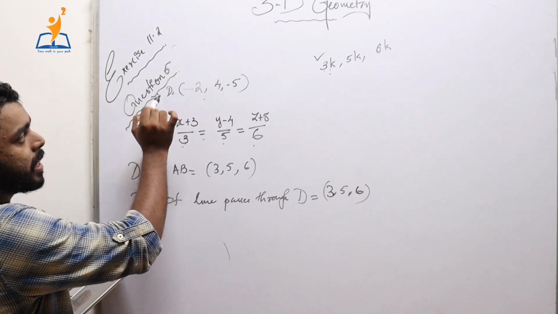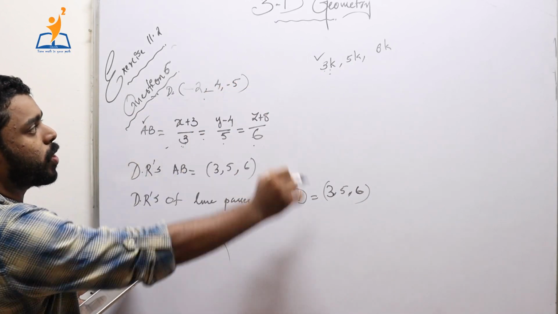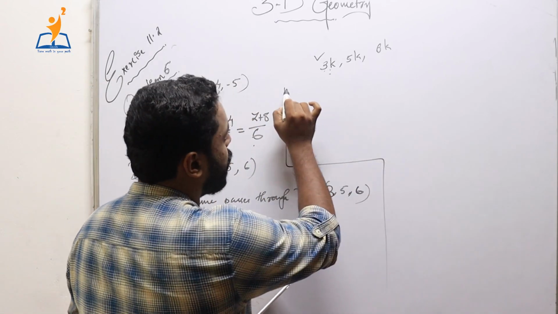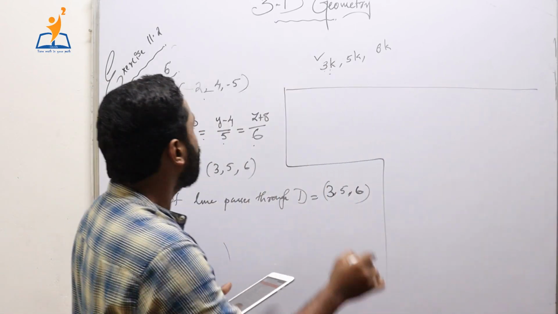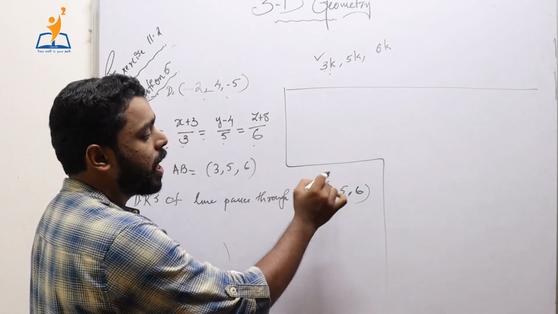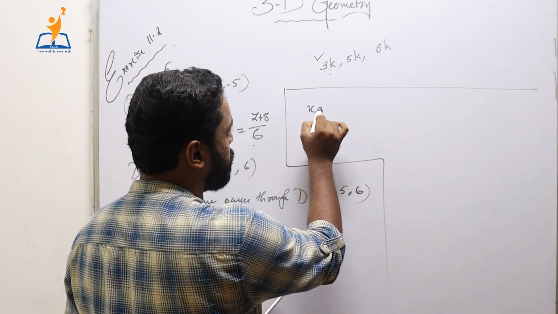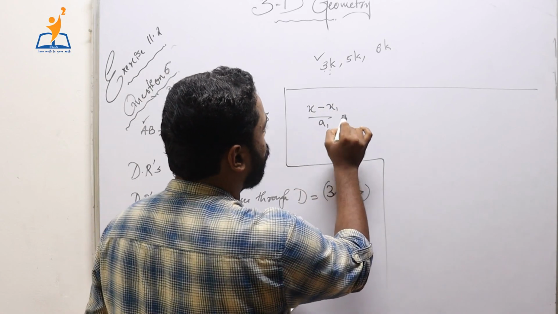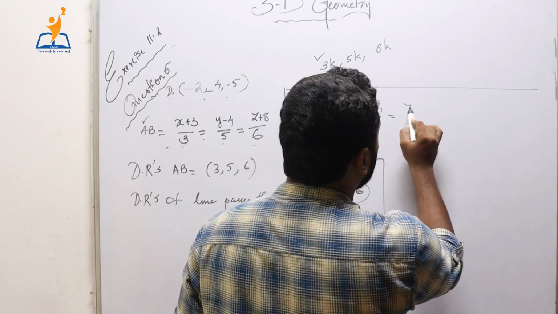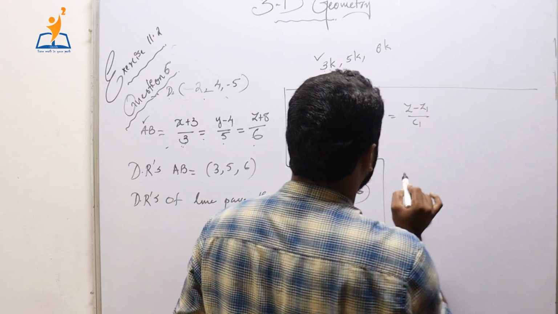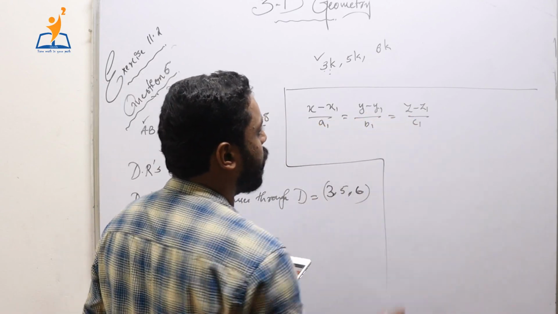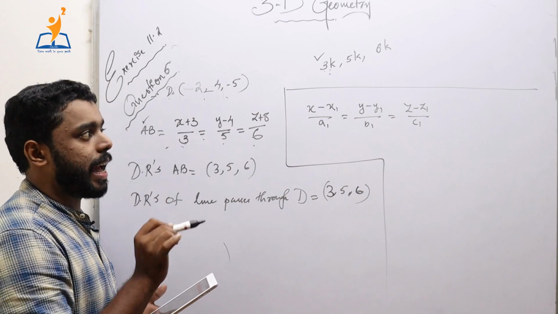Also we know that the line passes through the point (minus 2, 4, minus 5). Hence we know that the equation of the line which passes through a particular point with given direction ratios is (x minus x1) by a1 equal to (y minus y1) by b1 is equal to (z minus z1) by c1, where a1, b1, c1 are the direction ratios and x1, y1, z1 is the point through which the line passes.